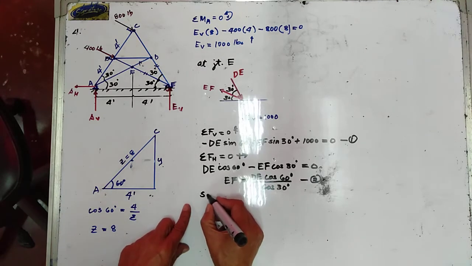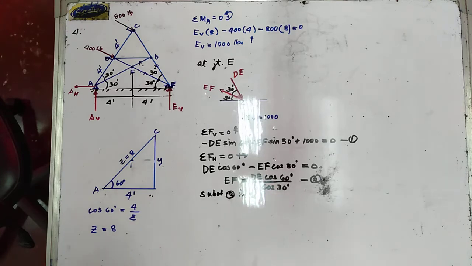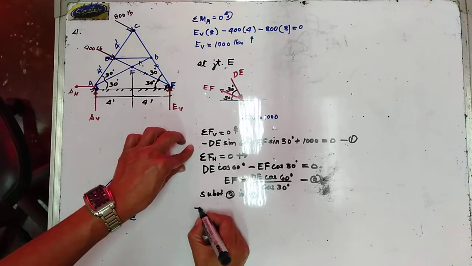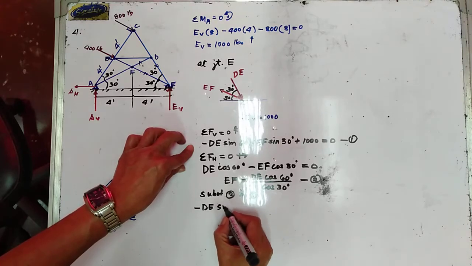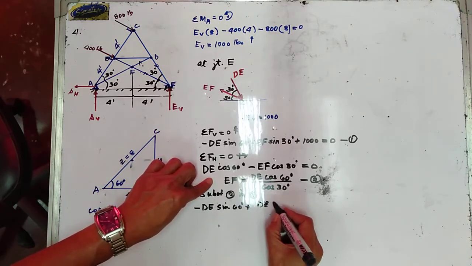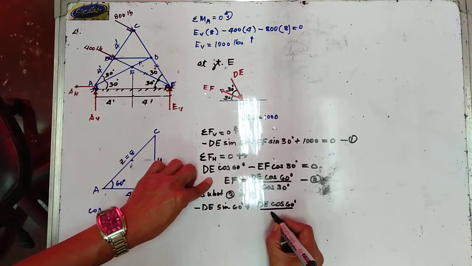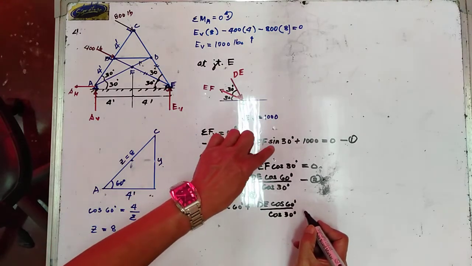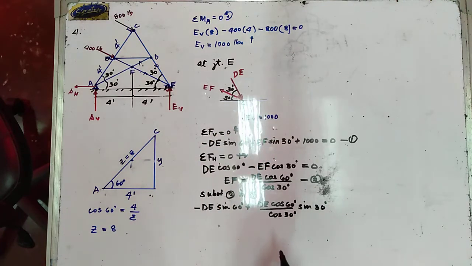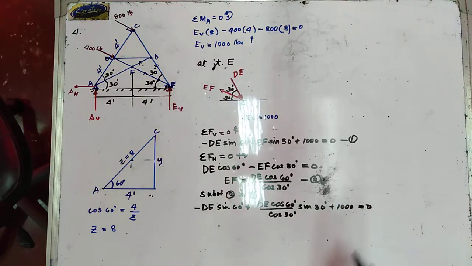So let us try to substitute equation 2 in equation 1. So substituting, minus DE sine of 60 degrees plus EF, which is DE cosine of 60 degrees over cosine of 30 degrees, times sine of 30 degrees, and then plus 1,000 is equal to 0.